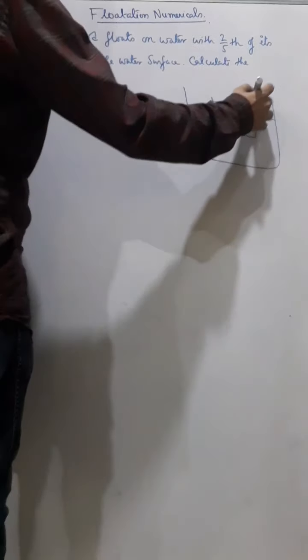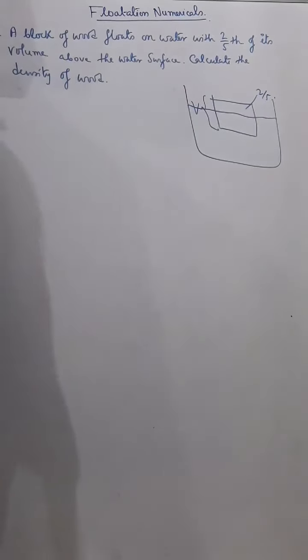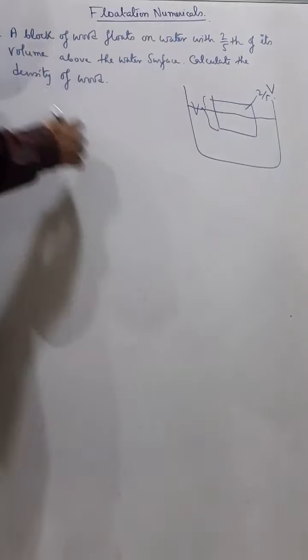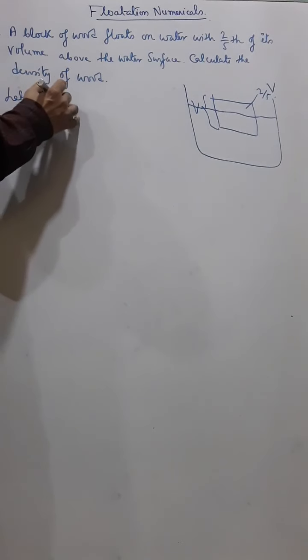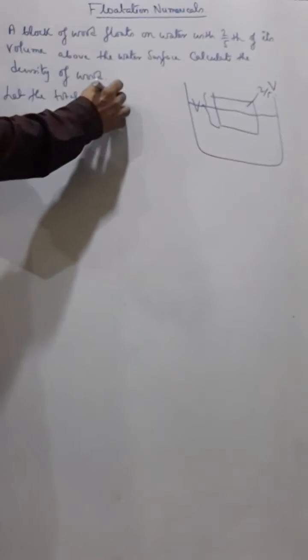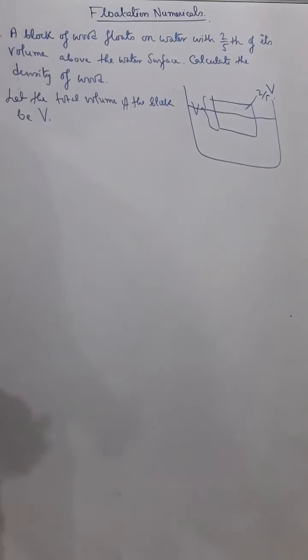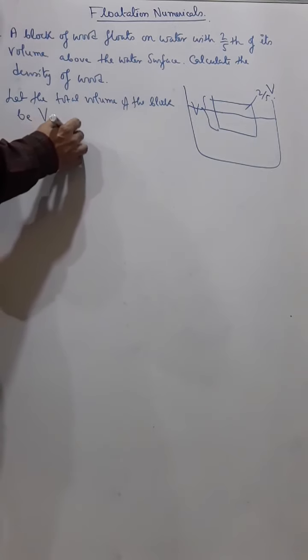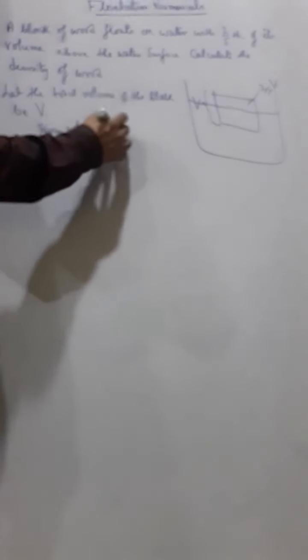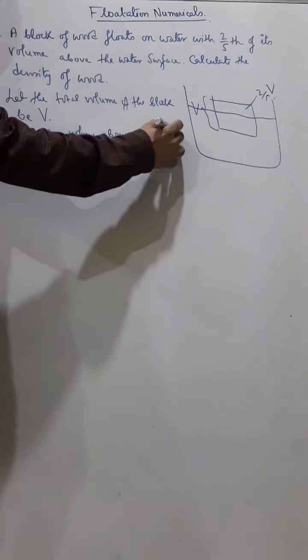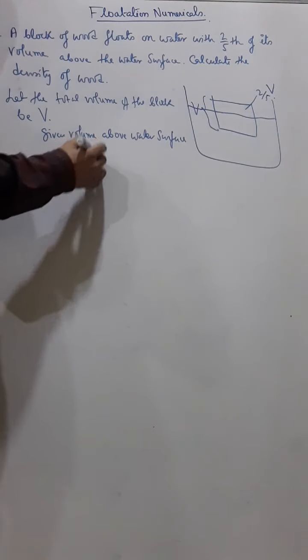So if this part is 2/5, let the total volume of the block be capital V. Now, given the volume above the water surface is 2/5, so that is 2/5 of V.